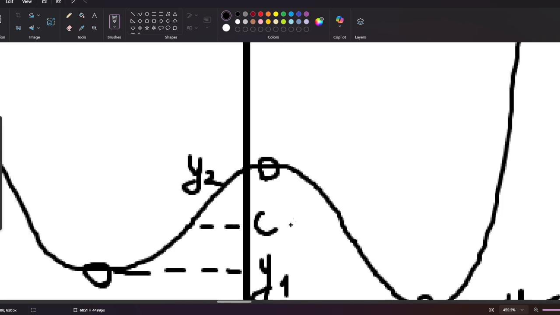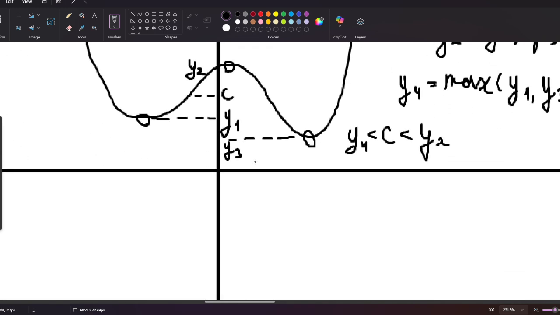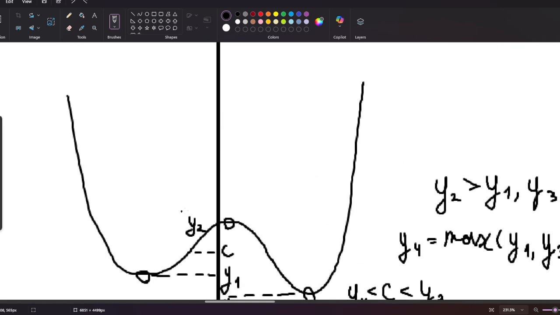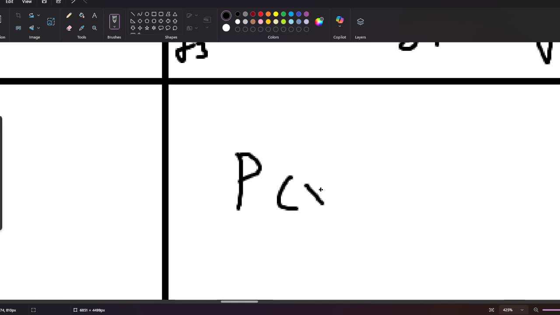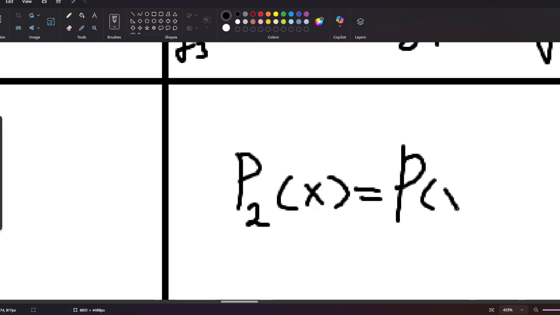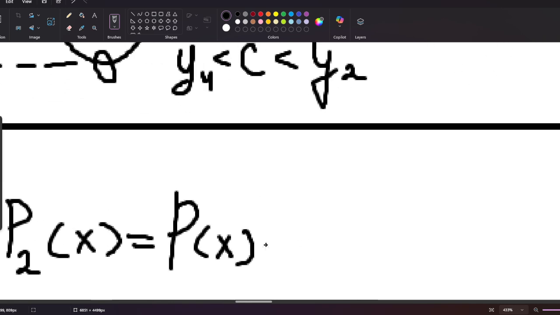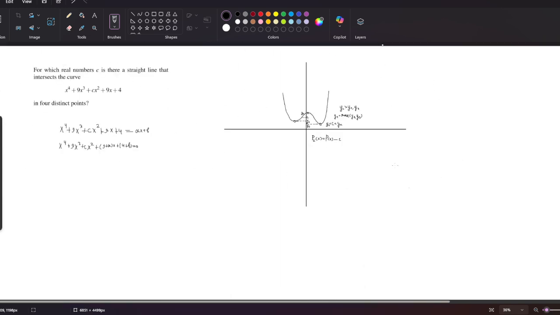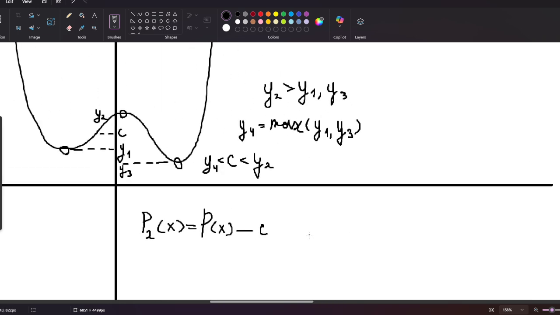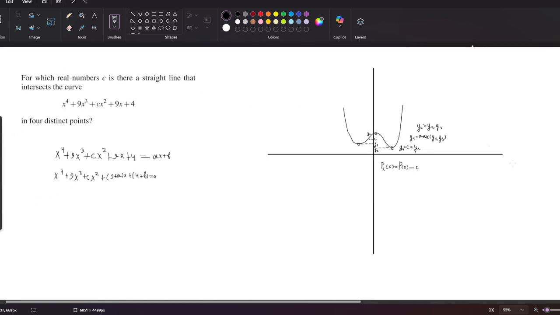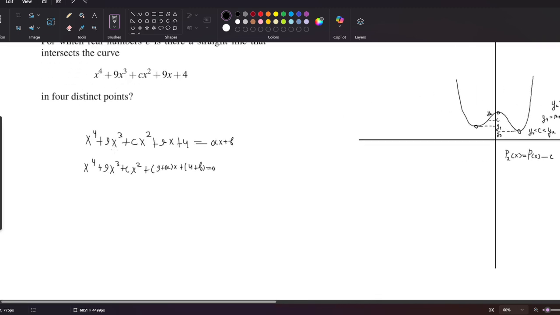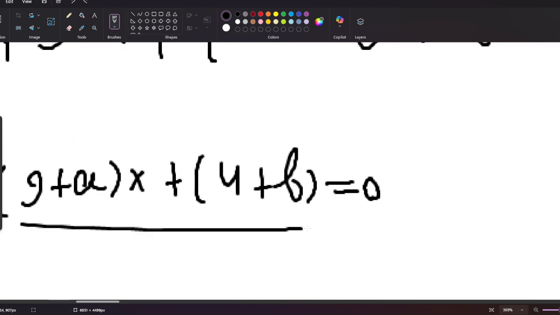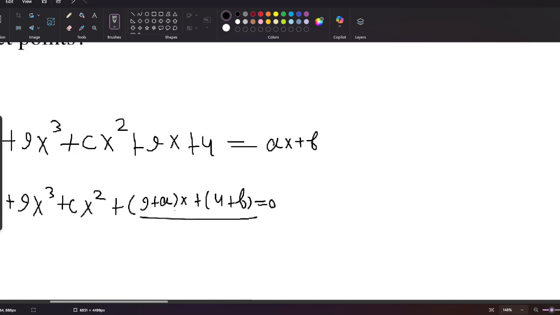Let's take it here, for example. And what we can do is, if this graph is represented by p of x, then we can define p2 of x and say that it's p of x minus c. And you will ask me, how does this work? How can we just go ahead and add a constant term? And the nice thing about this is we have these two absolutely modifiable pairs of variables.